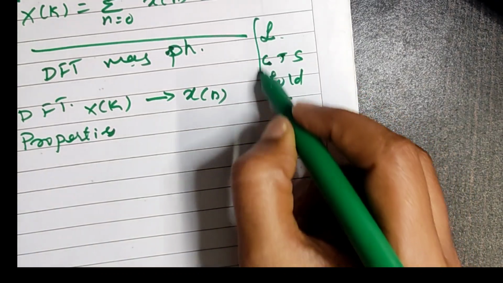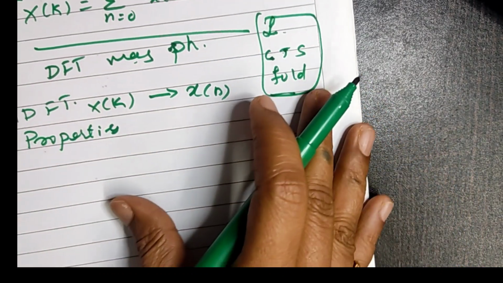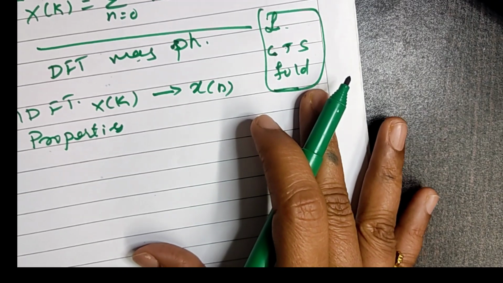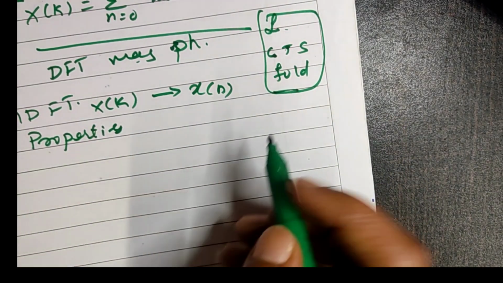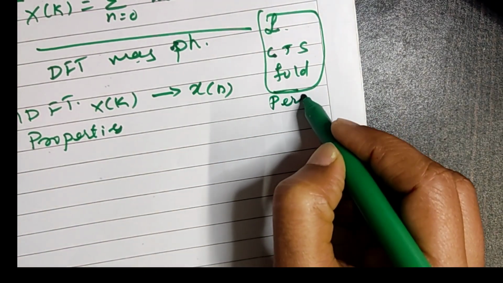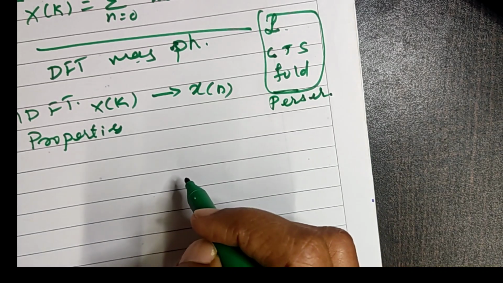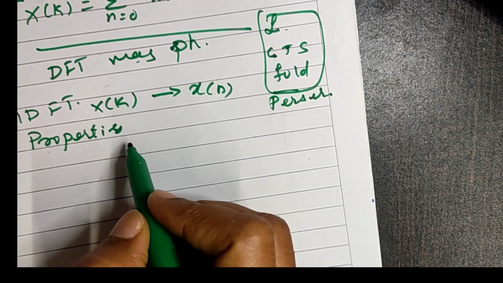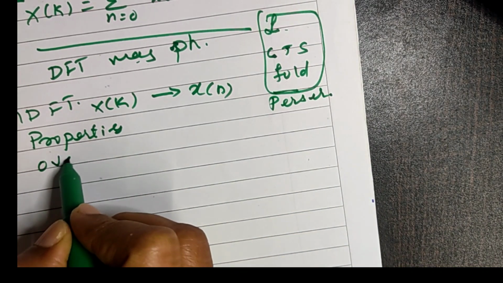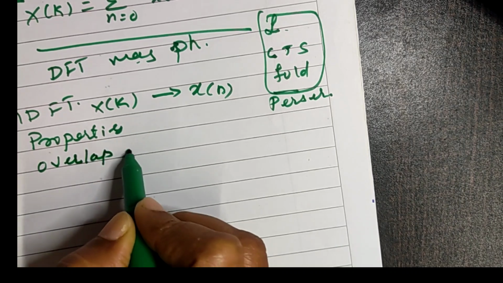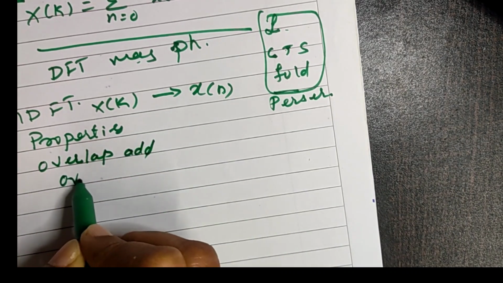Okay, these are all the properties of DFT. This we have to study. And even Parseval's theorem is also there in the properties. And after this we have the overlap save and overlap add methods.